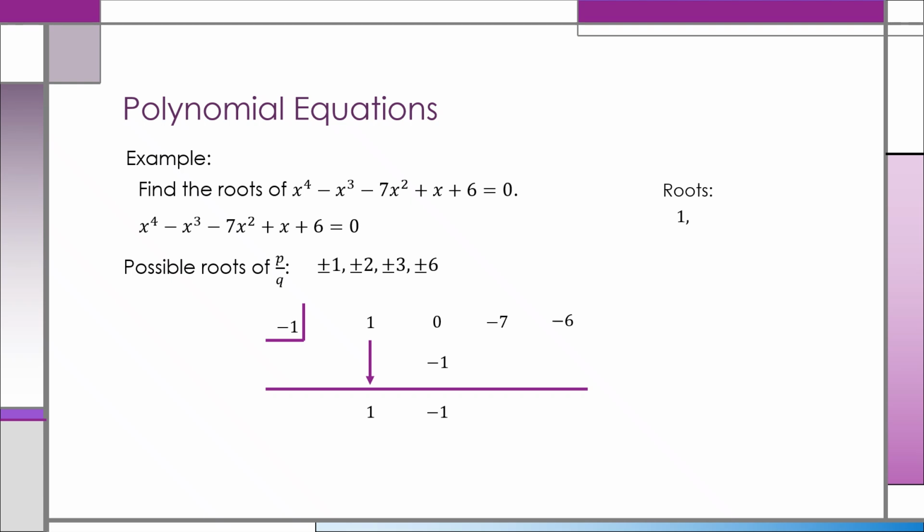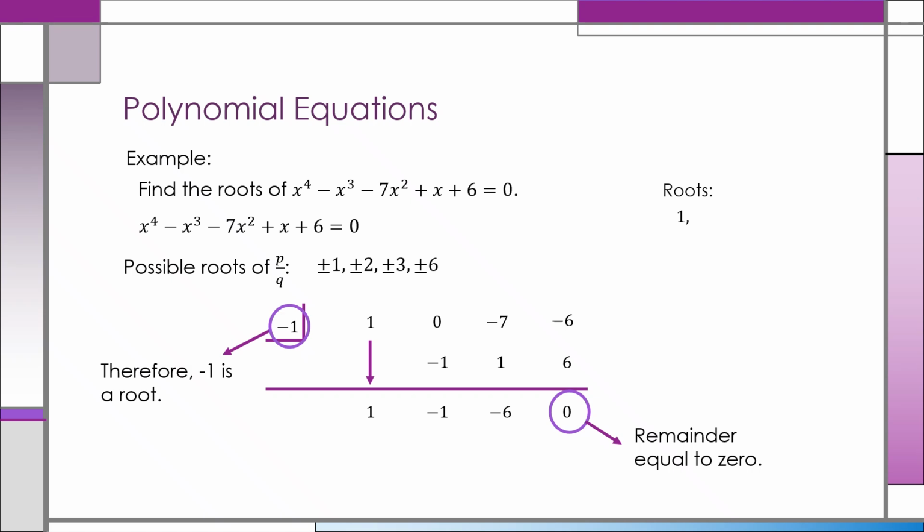Negative 1 times negative 1 is 1. Negative 7 plus 1 is negative 6. Then negative 6 times negative 1 is 6. Then if you add negative 6 and 6, therefore 0. Then the 0 is our remainder, and since our remainder is 0, therefore the other root is negative 1. Therefore, we will list here on the roots list aside from 1.